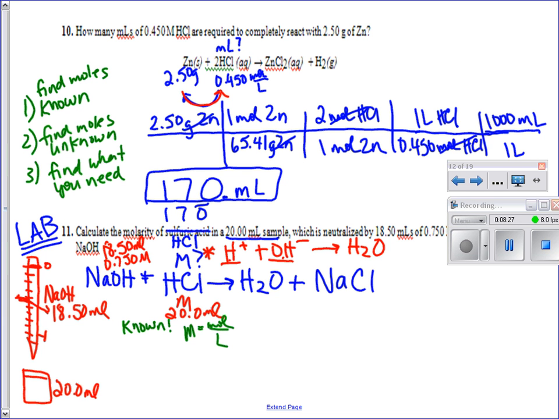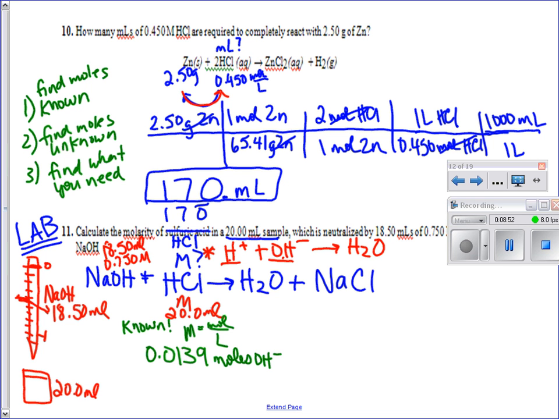You're going to be doing problem after problem where you have to find moles from molarity and liters. So all you do is multiply molarity times liters. So what is 0.750 times 0.0185? 0.0139 moles, and this is of our known, OH minus.